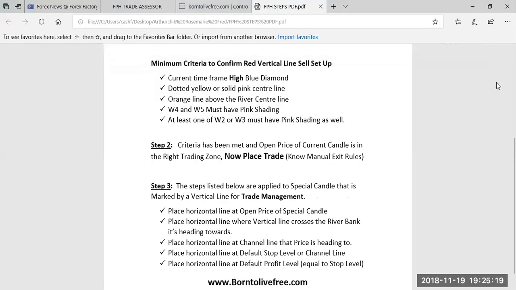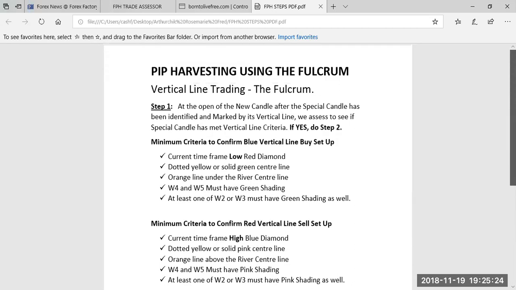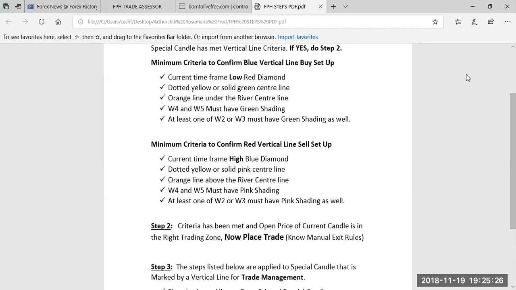All right, so those are the same steps that are on here. Now just go back to the screen.